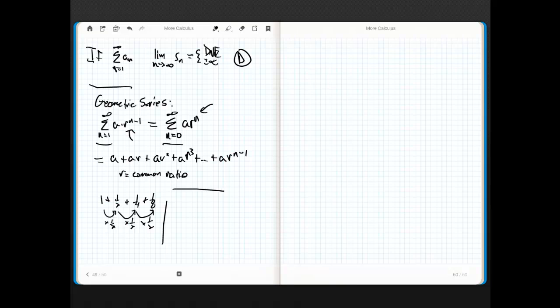Now we know, again from pre-calculus, that geometric series converge when the absolute value of r is less than 1, which implies that r is between -1 and 1. And moreover, that's the coolest part, they converge to, let's see what you remember, a over 1 minus r.